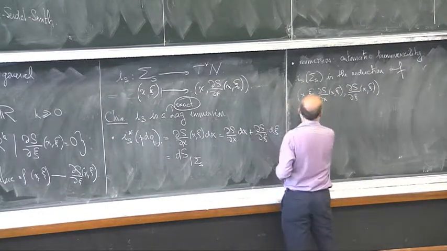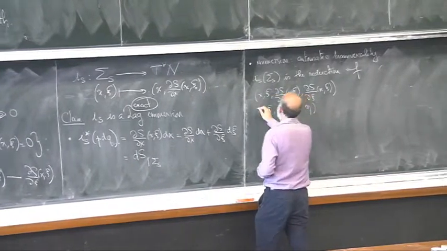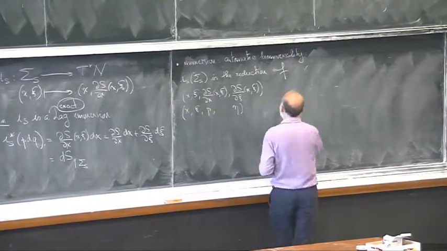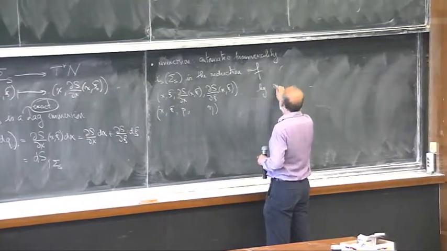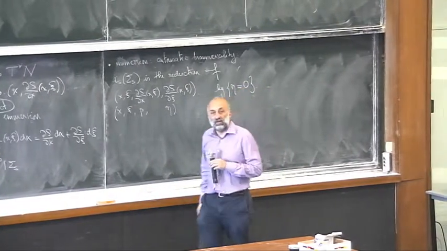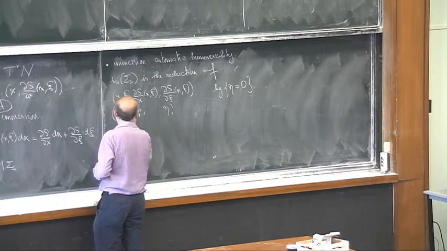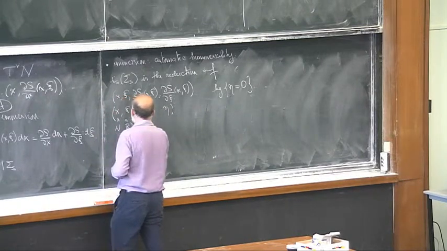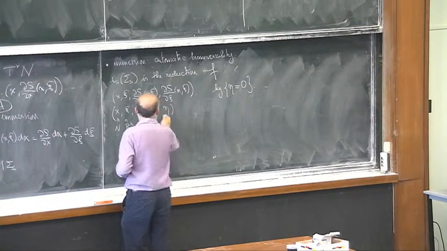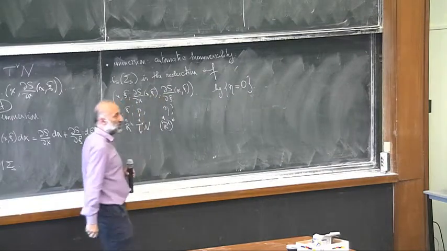Let's denote these coordinates by x, psi, p, and eta here. So I'm doing the reduction by eta equals 0. So this is in N, this is in R^k, this is in T_x*N, and this is in R^k dual. Okay, these are dual coordinates.